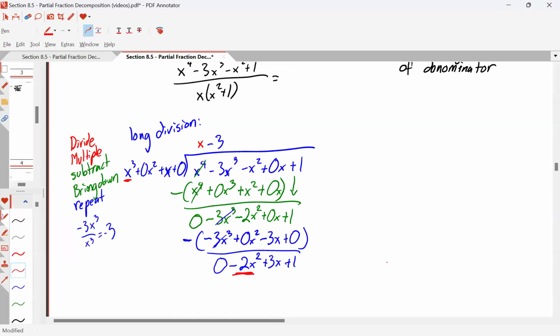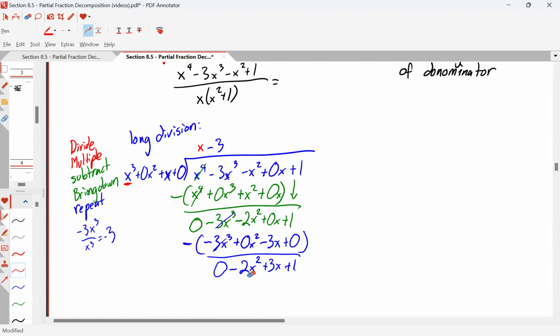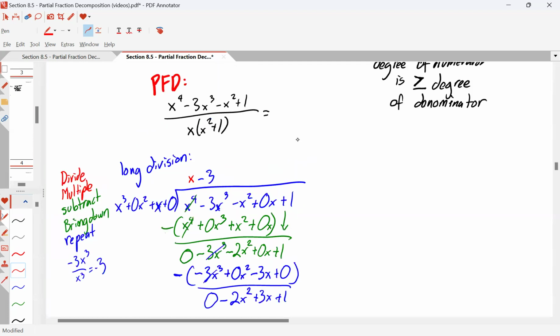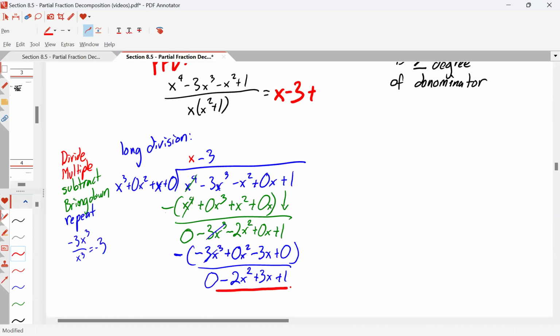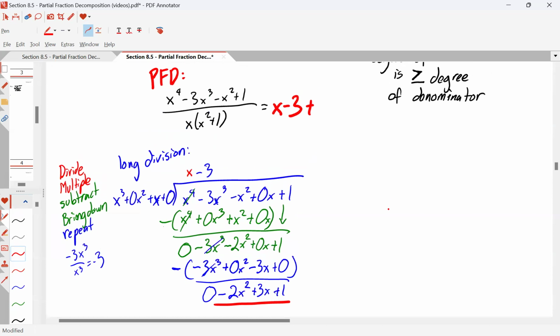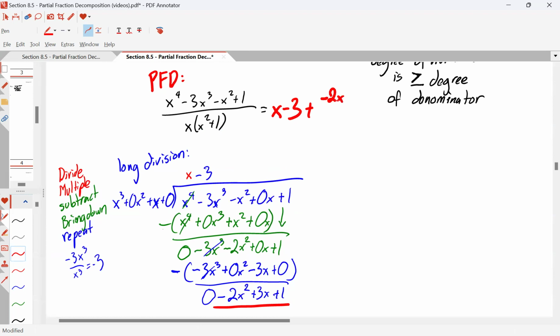So this now means that our original fraction is equal to what is above this bar, x minus 3, plus our negative 2x squared plus 3x plus 1, all over the x cubed plus x.